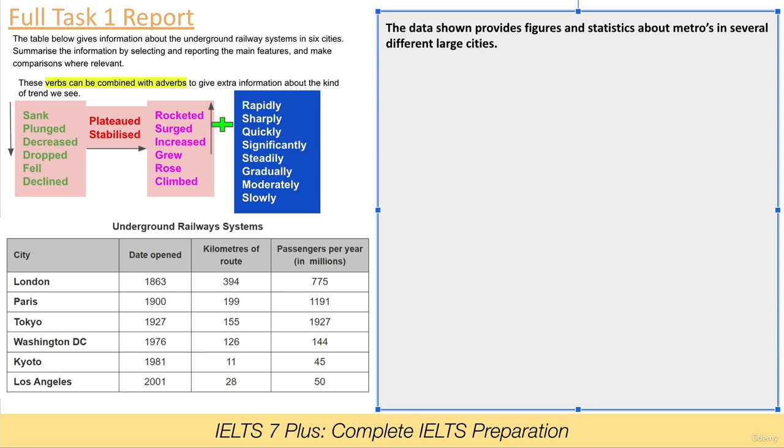The data shown provides figures and statistics about metros in several different large cities.